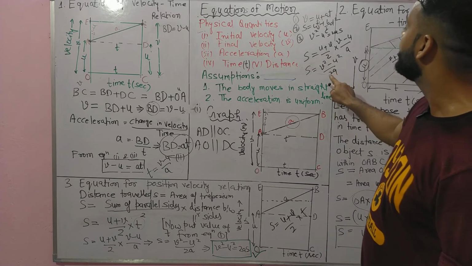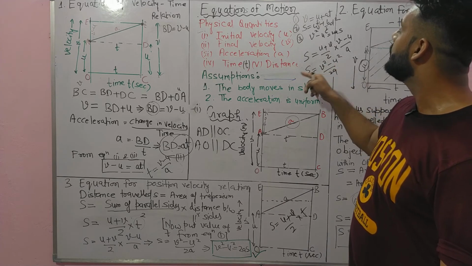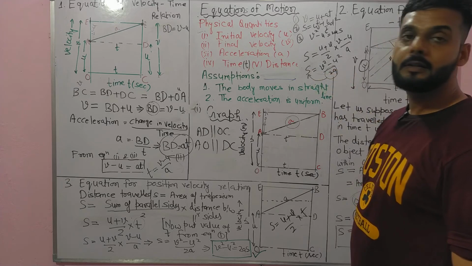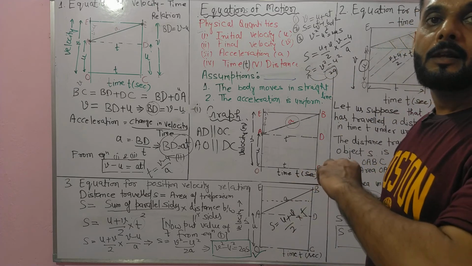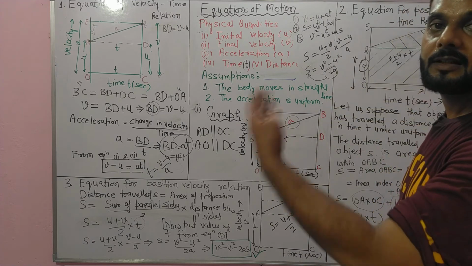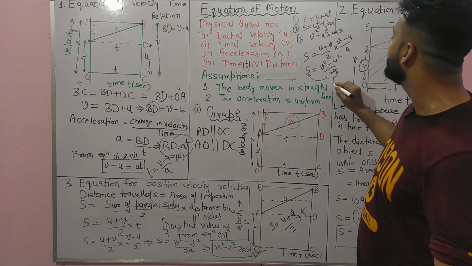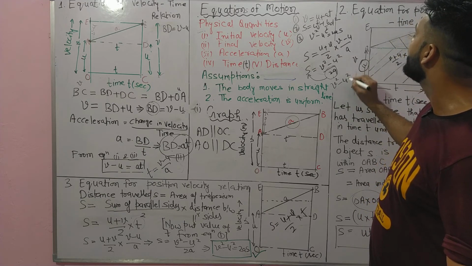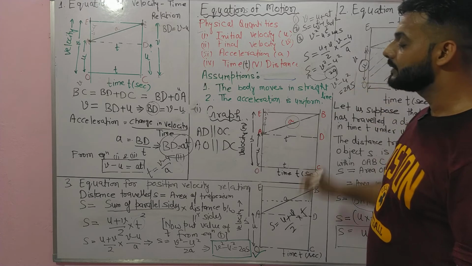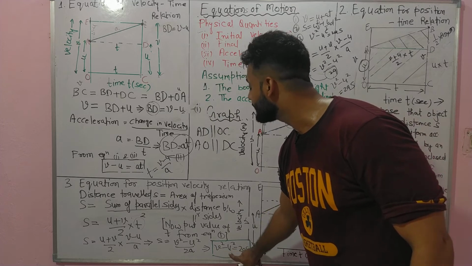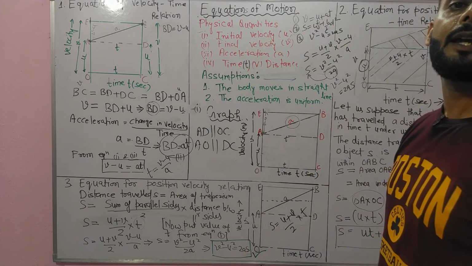Okay, 2A is in the denominator, so we will take it out from here and send it to the LHS. So we will have V square minus U square is equal to 2AS. Same thing happened here. The equation will be V square minus U square is equal to 2AS.